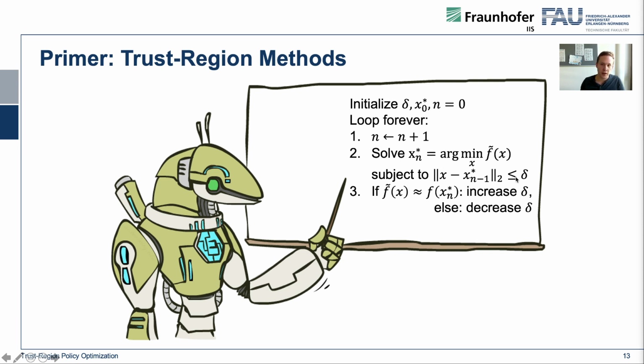You solve your trust region subproblem subject to your trust region parameters, and then you look at how well your local approximation matches your real objective function. If your local approximation is a very decent estimate of your objective function, you can increase your trust region delta. If they are far off from each other, you decrease it.